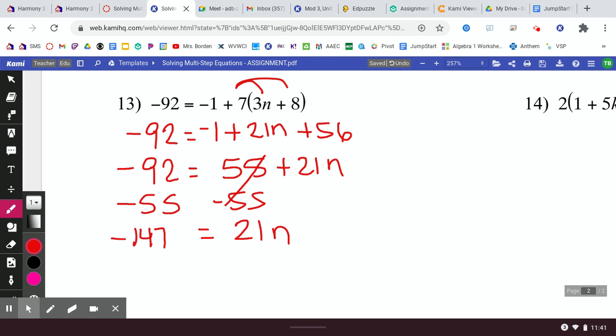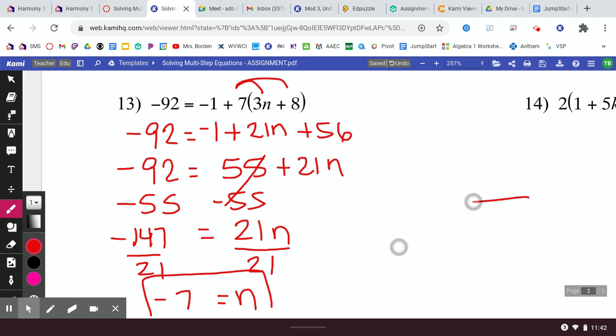And then our last step. Okay. And we're going to do that on both sides. And if you don't have it, go ahead and punch it in your calculator. Negative 147 divided by 21. What's that? Positive or negative? Yep, it's a negative because a negative divided by a positive. Good. Excellent.